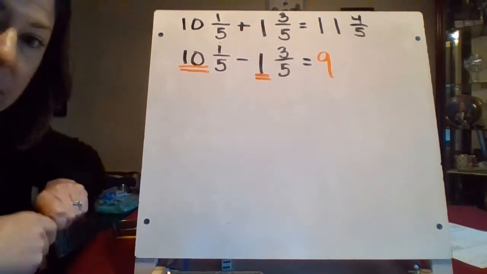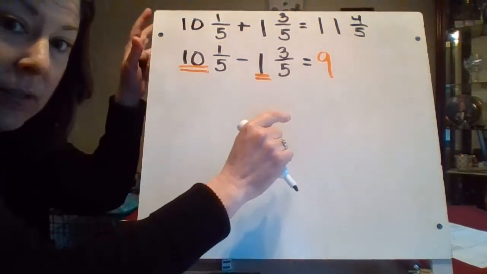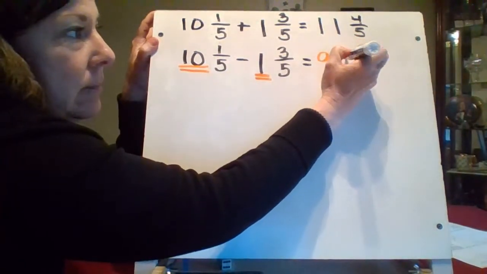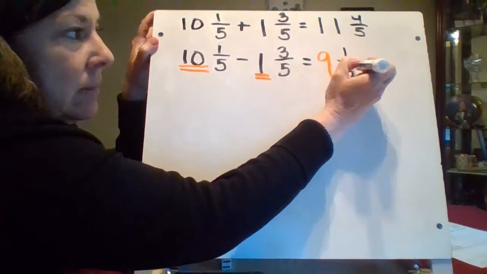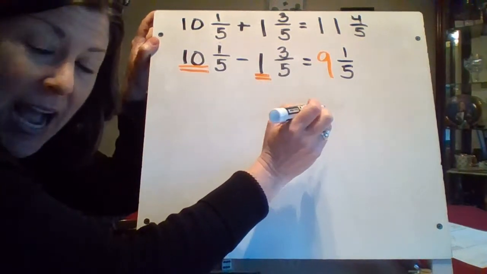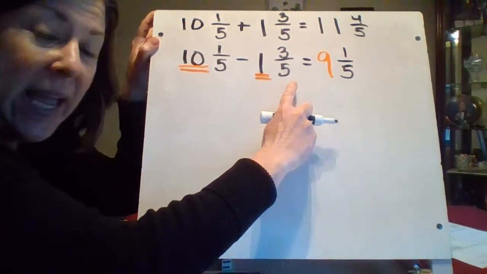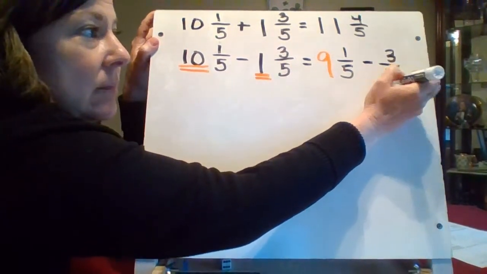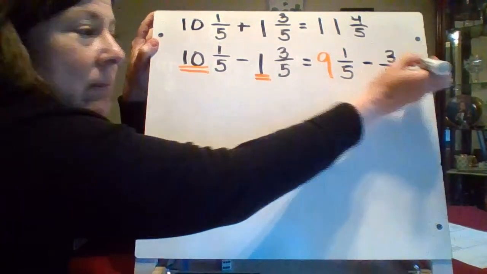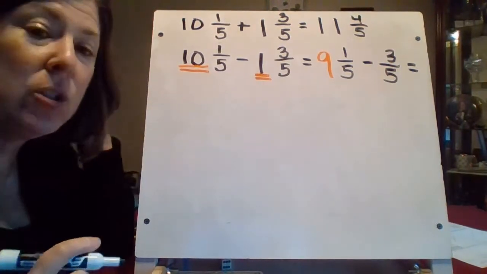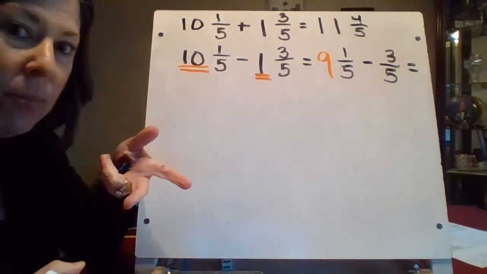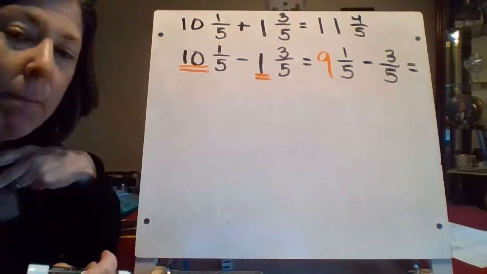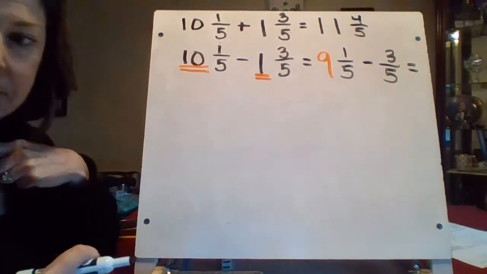However, I still have the 1/5, and I still have to take away another 3/5. So it's almost like I have a brand new problem.